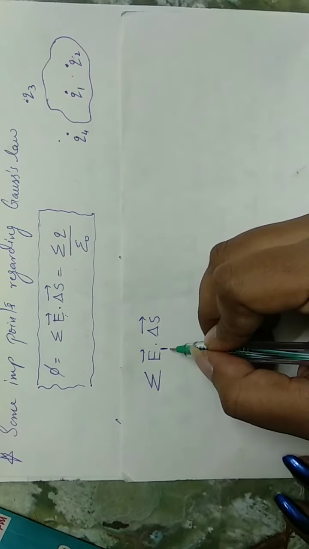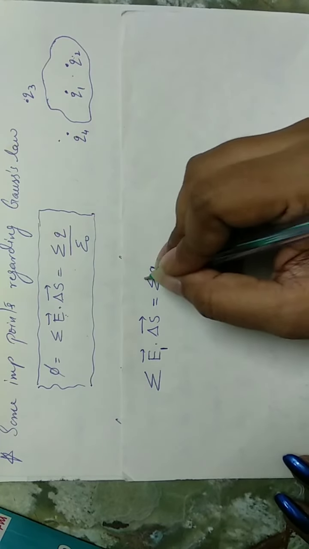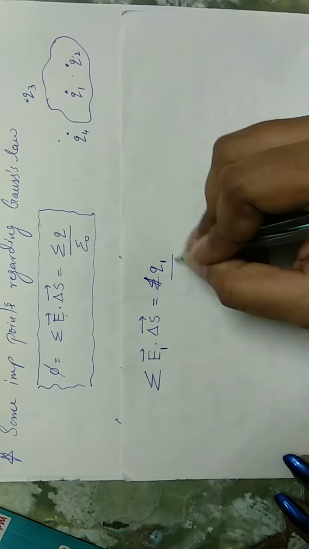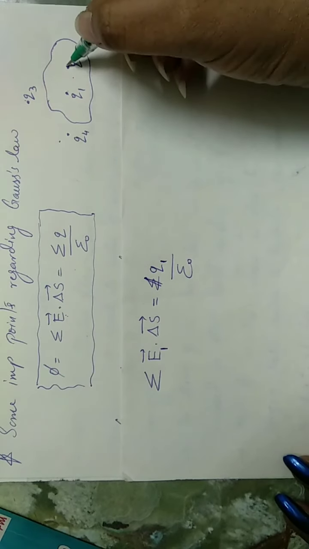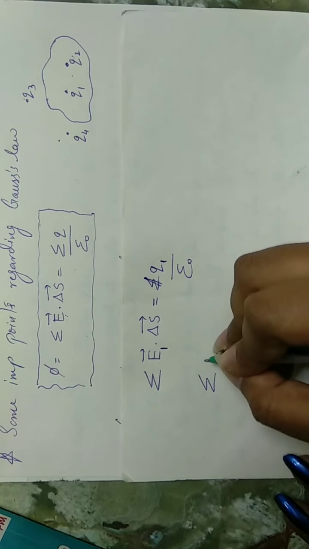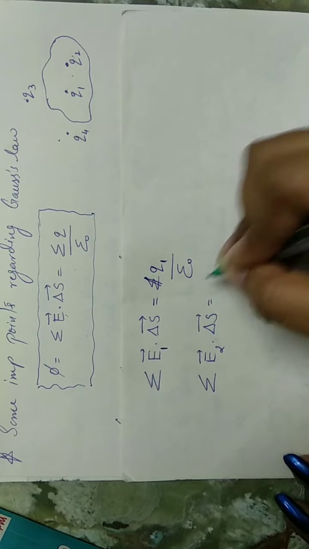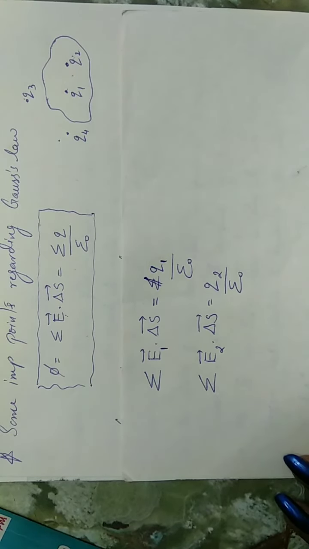So E1 dot delta S summation is equal to, not summation of Q, just Q1, because we are calculating only because of Q1. So this is Q1 upon epsilon naught. Now suppose I'm calculating flux due to Q2. So it will be summation of E2 delta S is equal to Q2 upon epsilon naught.